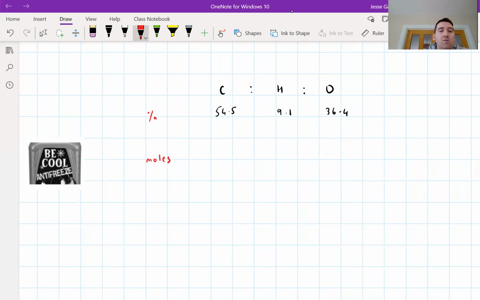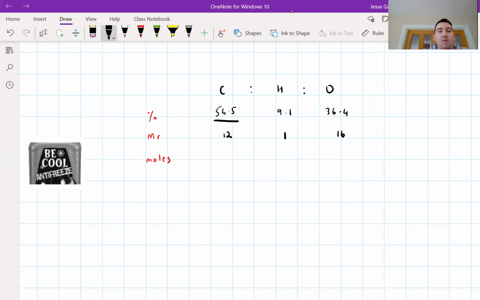If you don't know how to do this, what we need to do is take the MR of each one and divide the percentage by the MR, and that'll give you the moles. So again, another chance if you haven't done this already, pause the video and do that now. Okay, so to get moles, we've got to find the MR of each one. The MR of carbon, if you go to the periodic table, you're going to find that it's 12. The MR of hydrogen is 1, MR of oxygen is 16.